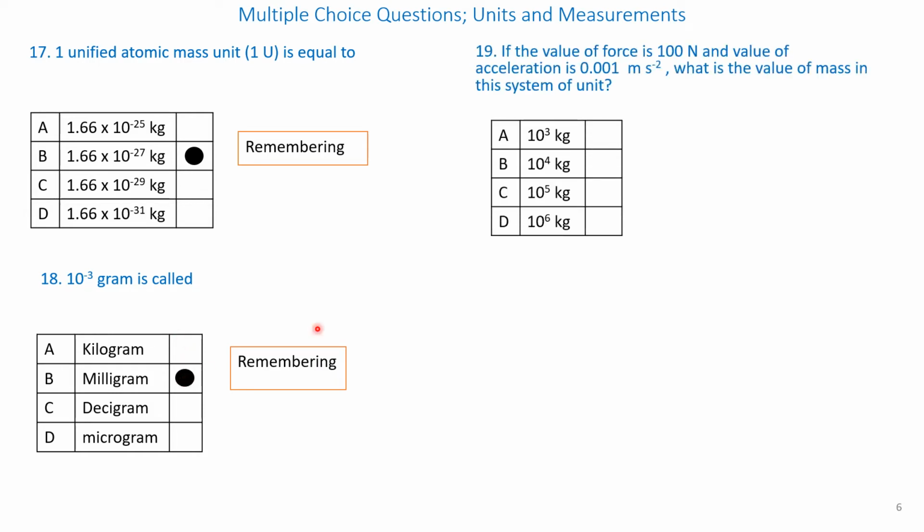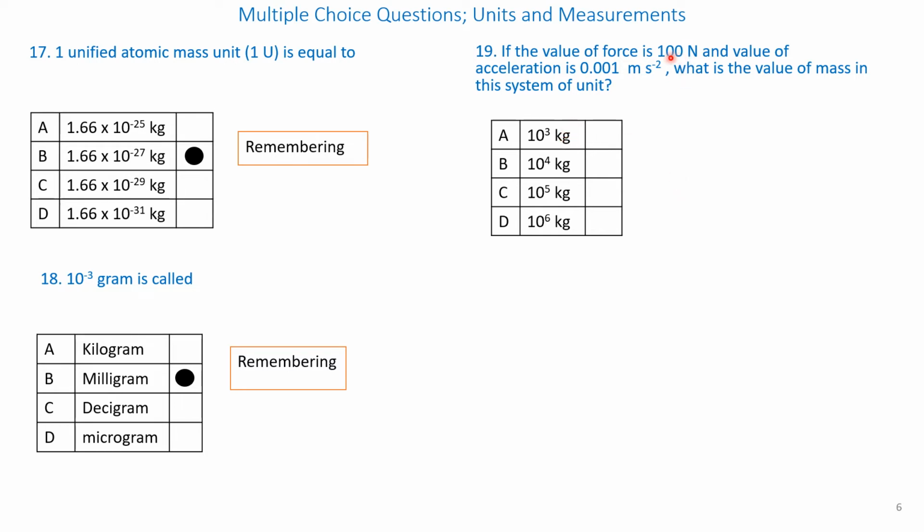Next question. Question number 19. If the value of force is 100 newtons and value of acceleration is 0.001 meters per second square, what is the value of mass in this system? So that is newtons, you have to convert into kg, mass and seconds. So let us convert it. So option given is kg.